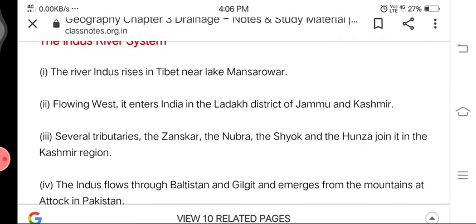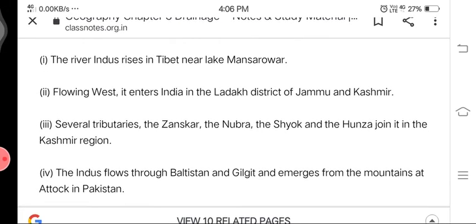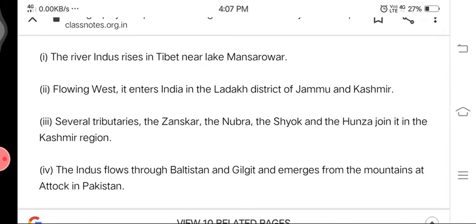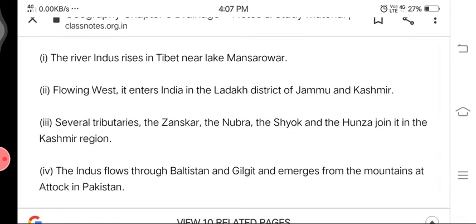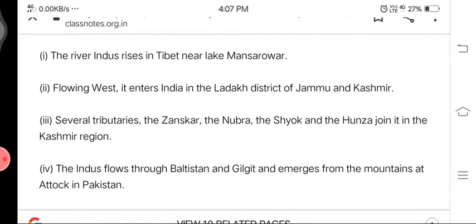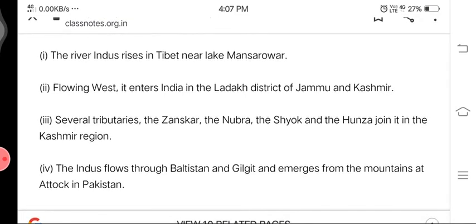Several tributaries, like the Zanskar, Nubra, Shyok, and Hunza, join it in the Kashmir region. The Indus flows through Baltistan and Gilgit and emerges from the mountains at Attock in Pakistan.